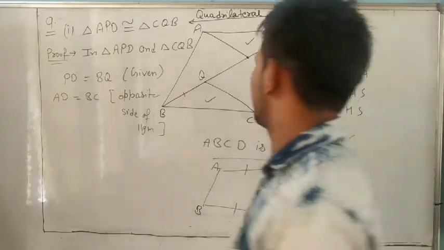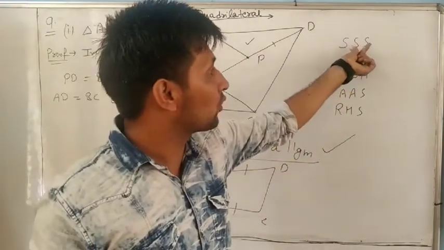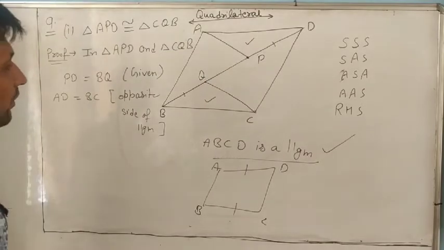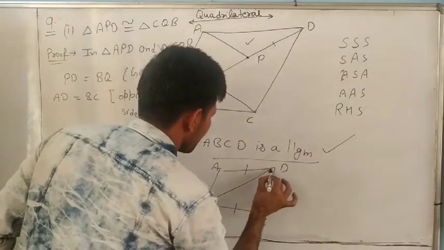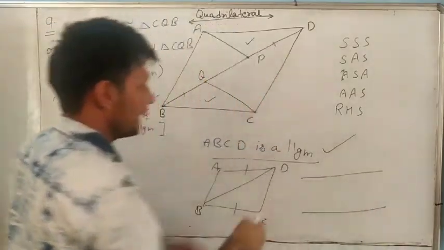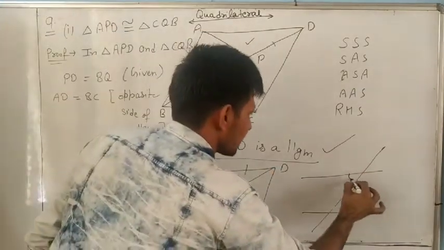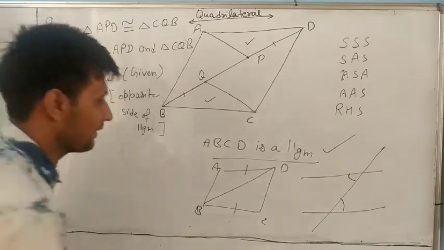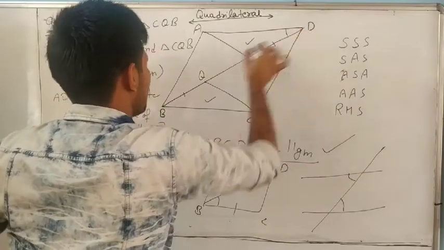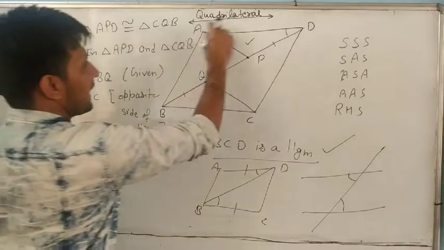Now what remains? Only one property, because to prove congruence we have to show that out of 6 corresponding parts, 3 are equal. Now we will check it. BD is a diagonal, and we know that if two lines are parallel, as in a parallelogram, and there is a transversal, then alternate interior angles are equal.